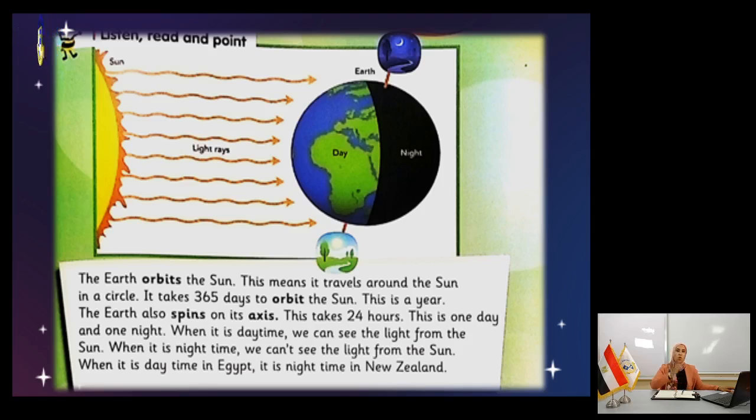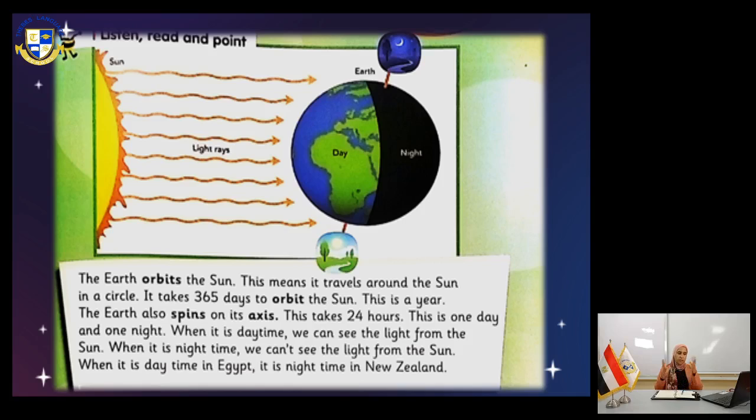This means 1 day and 1 night. So 1 complete day, 1 morning, and 1 complete night equals 24 hours.